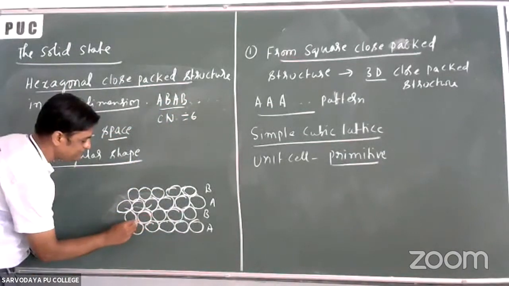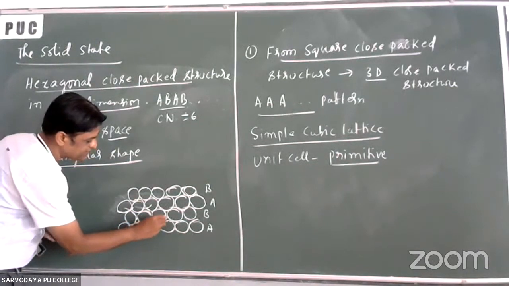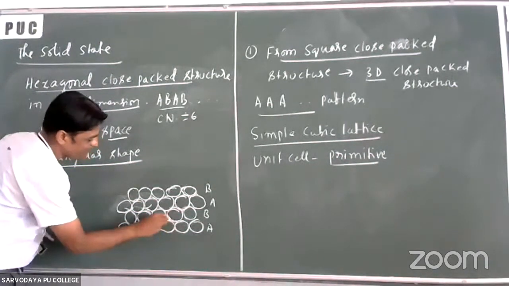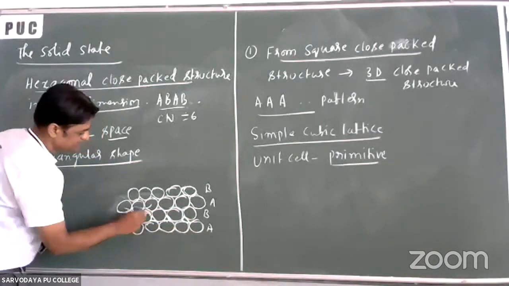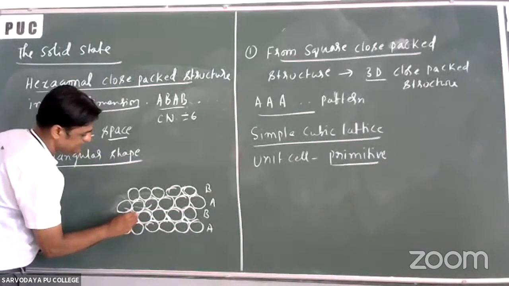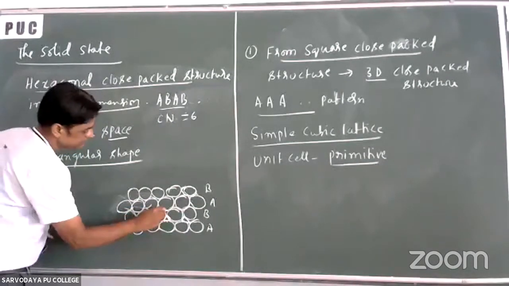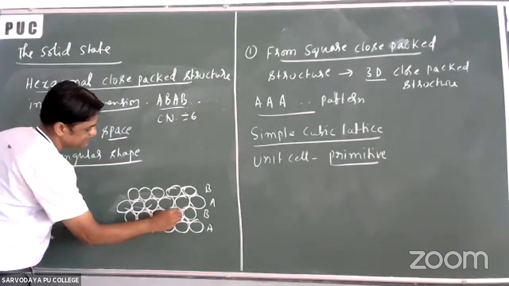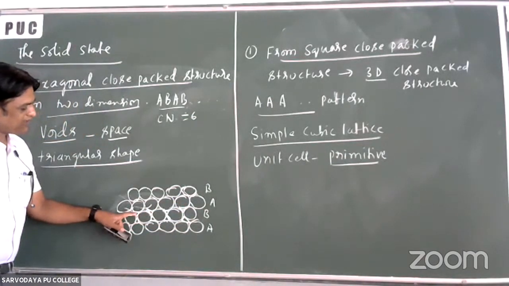And here you can see these are called as actually voids. And if you observe the shape of the voids, they are triangular in shape. See, these are called triangular voids.